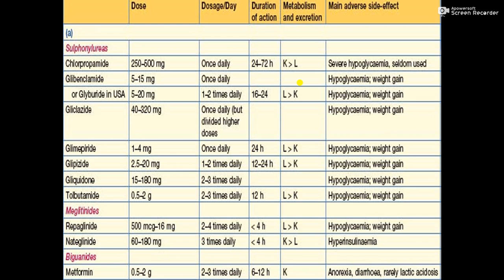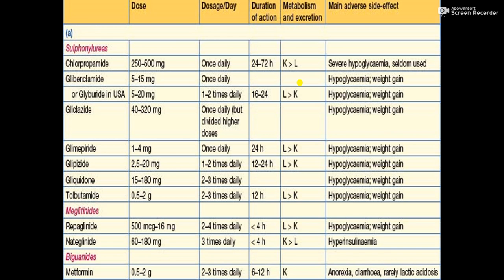Glucagon is secreted by the alpha cells of the pancreas, and whenever there is hypoglycemia, whenever the glucose concentration in your blood becomes low, glucagon increases the glucose concentration in your blood.